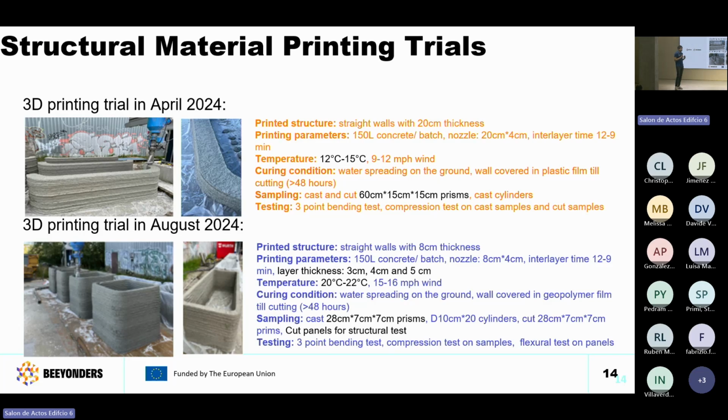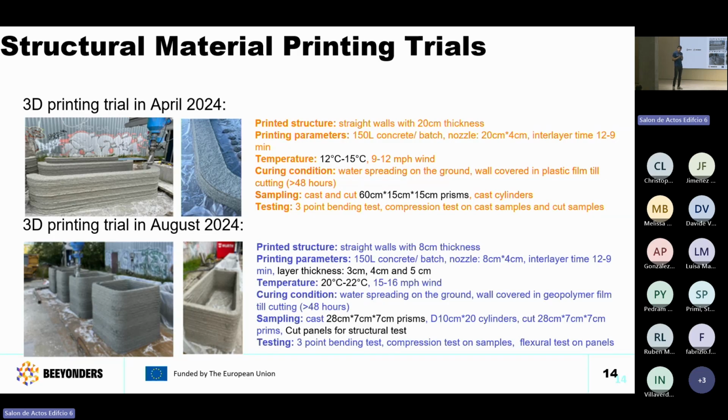We varied the geometry of the printing layer. We also varied the temperature of printing, and all this material was printed in situ. We extracted samples from those structures and compared their performance in situ with what we obtained in lab.